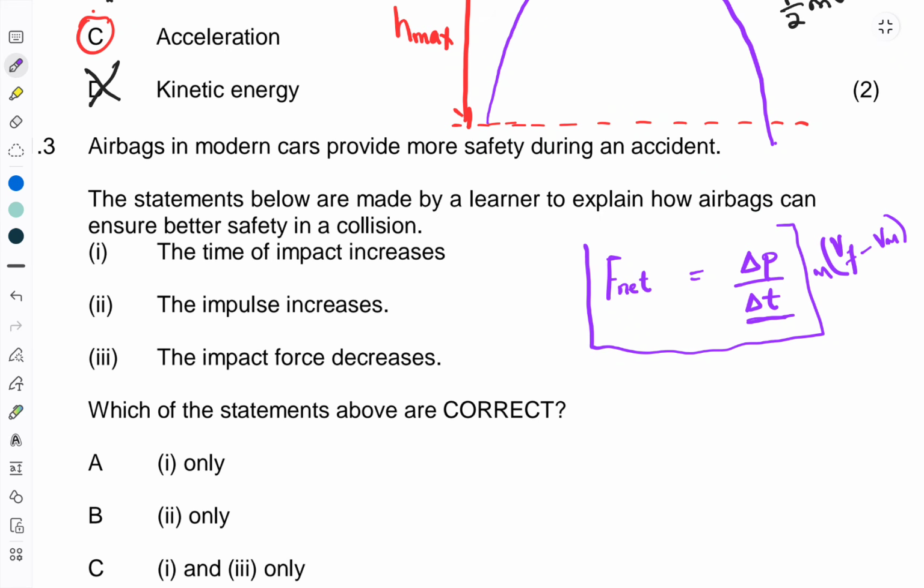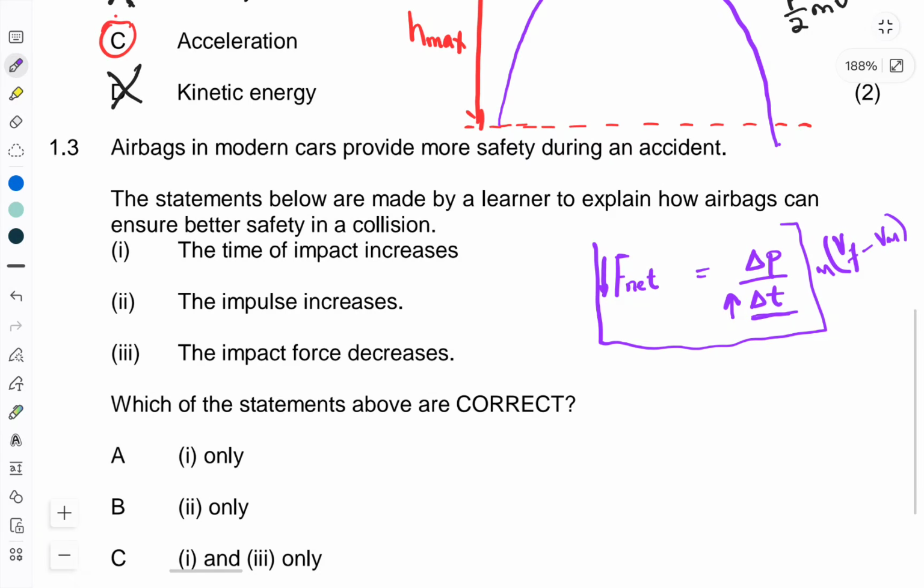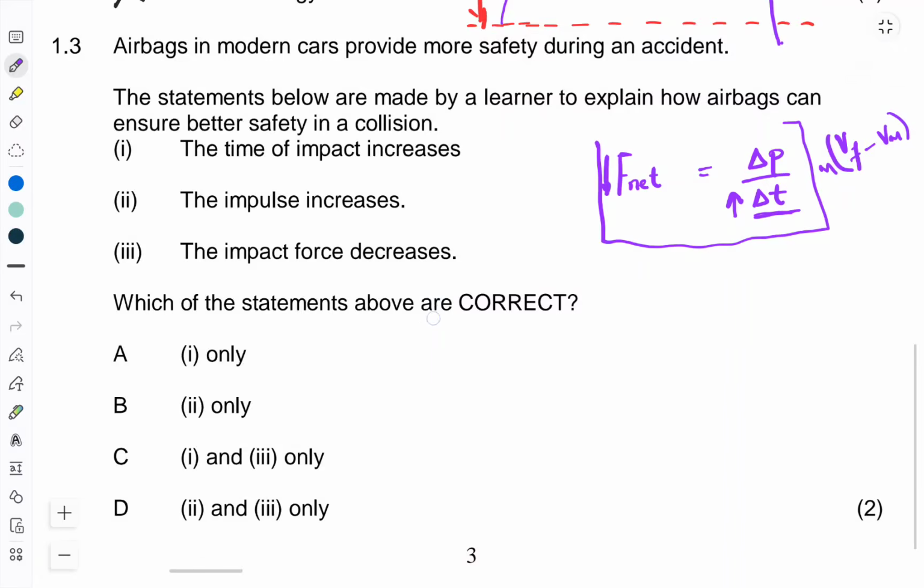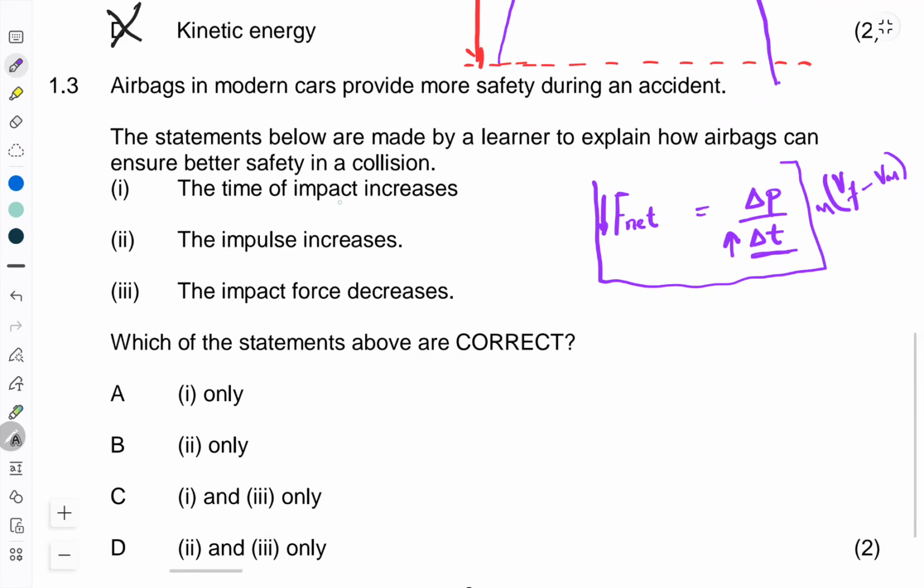As it increases this time, it reduces the impact force. So it increases the time over which you come to rest as the passenger, and in turn it reduces the impact force. That's what will normally happen. Now if we check here, the time of impact increases, yes.